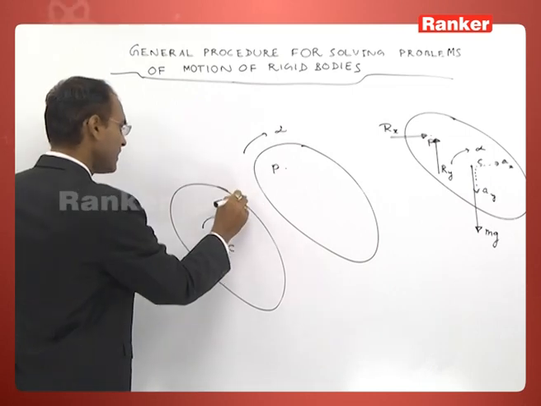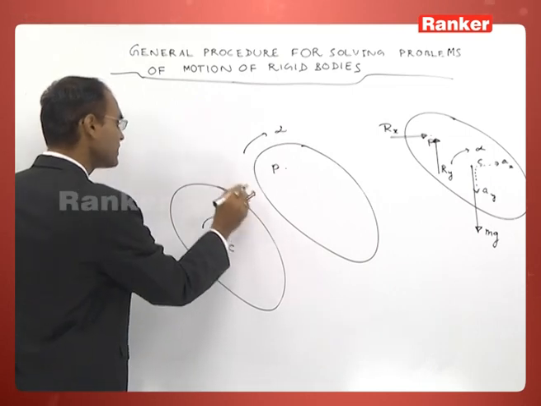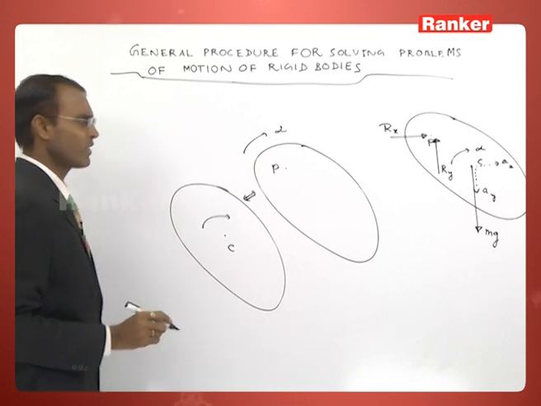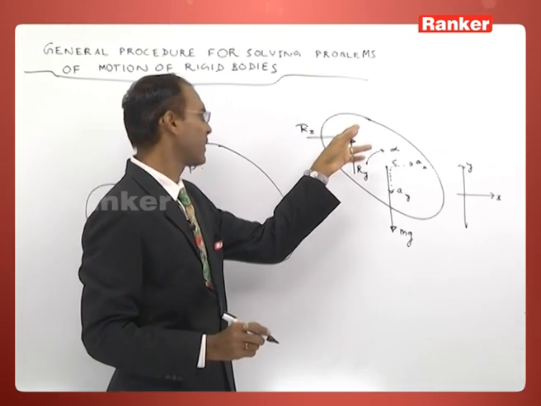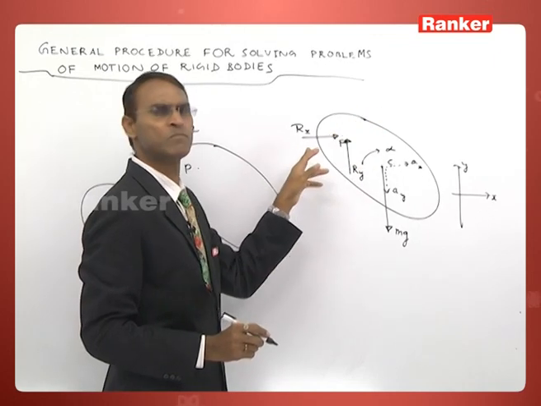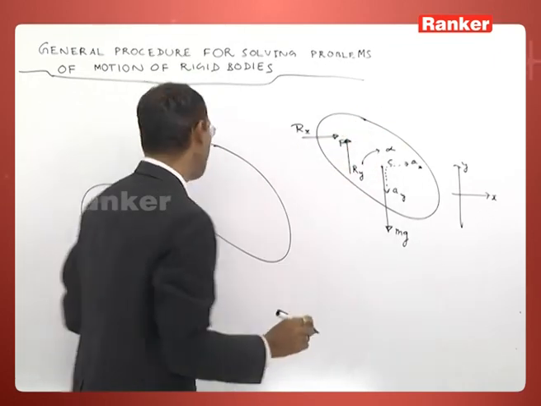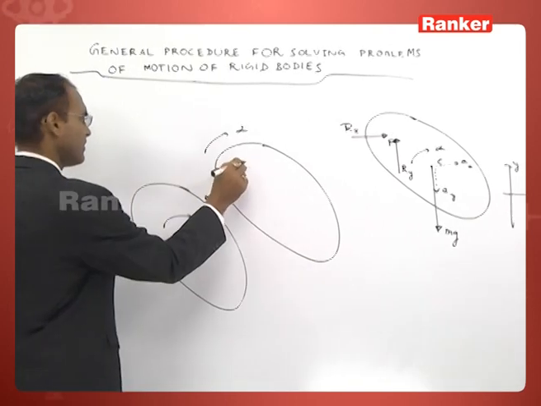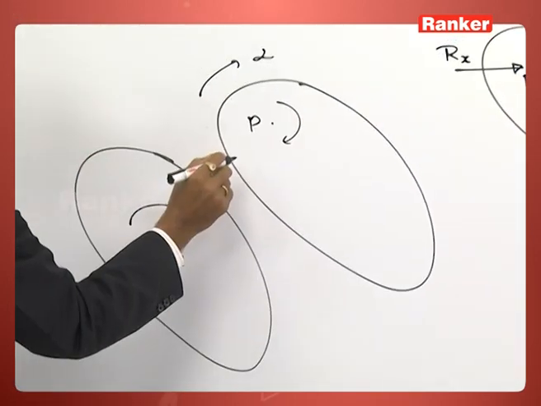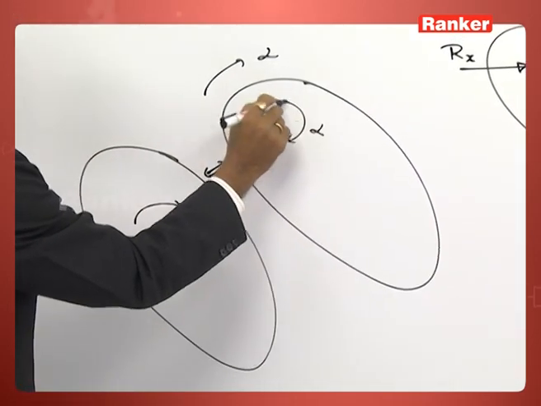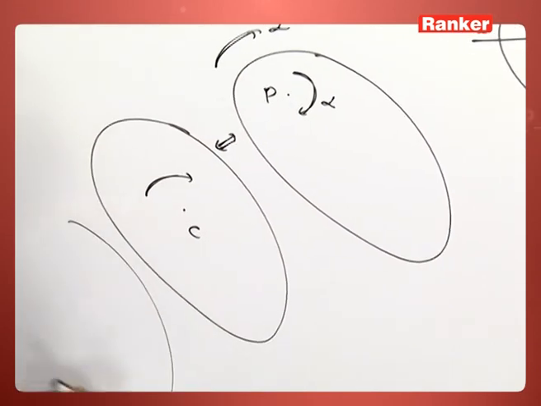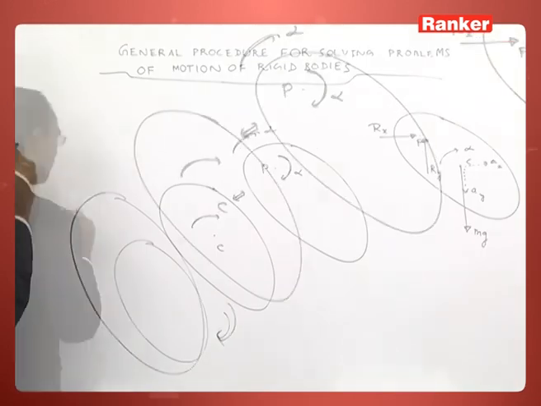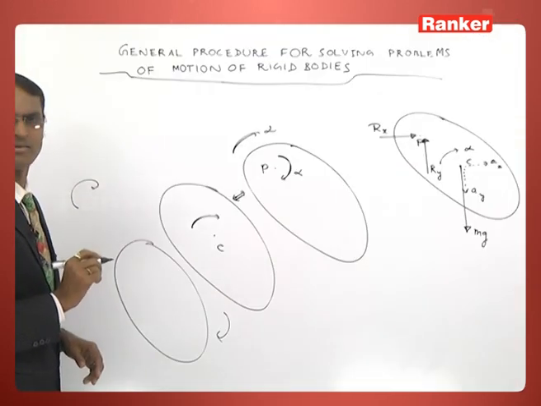This is a general misconception. You might think that it is pivoted about this point, so about this point it will rotate, therefore alpha should be like this. You may give alpha like this, or like this, doesn't matter.